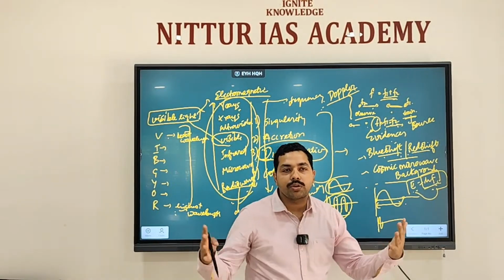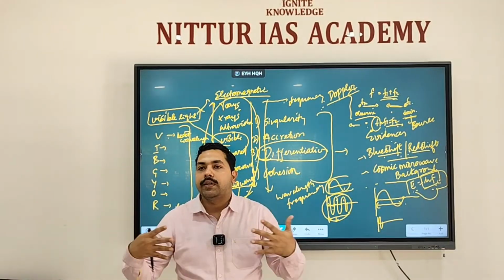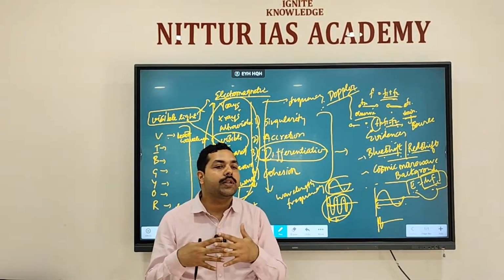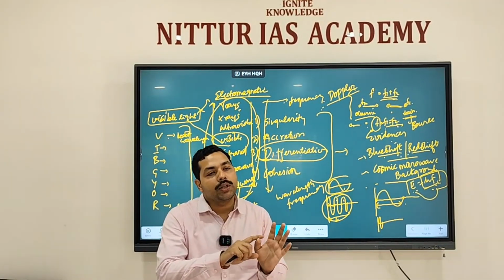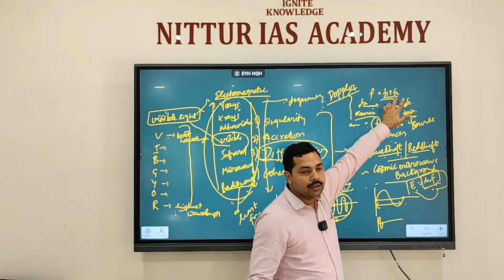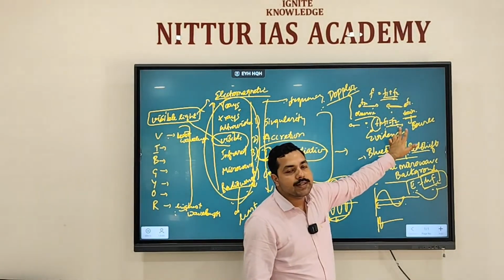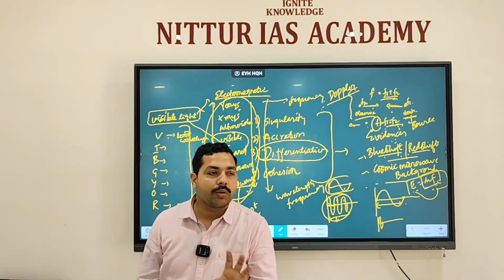Because the frequencies of the observer and source get added up or subtracted, the apparent frequency is greater or less than the observed frequency. This is what you find with regard to the Doppler effect.